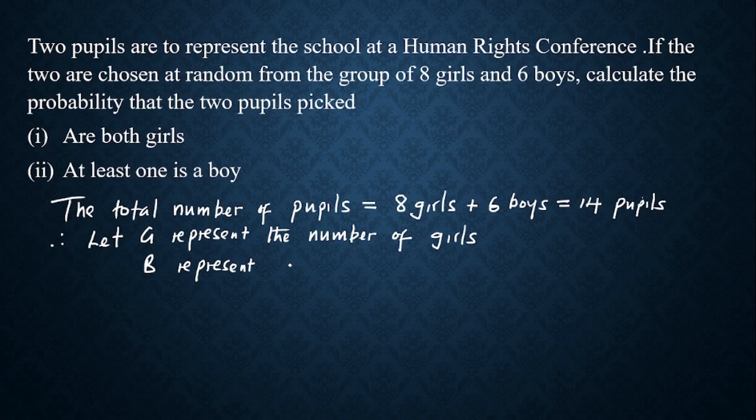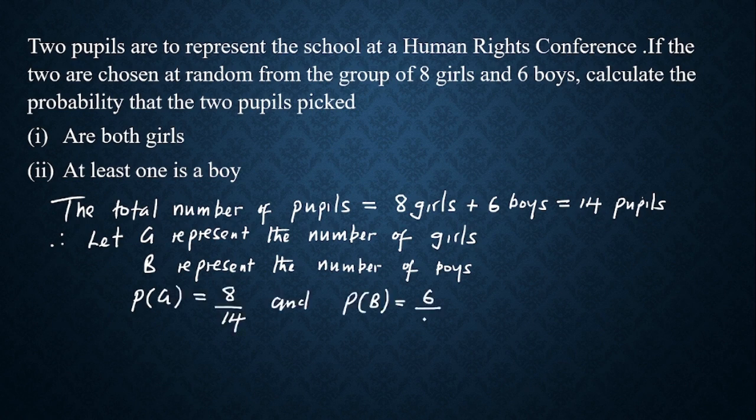So the probability of picking a girl will be equal to 8 over 14, and the probability of picking a boy will be equal to 6 over 14.